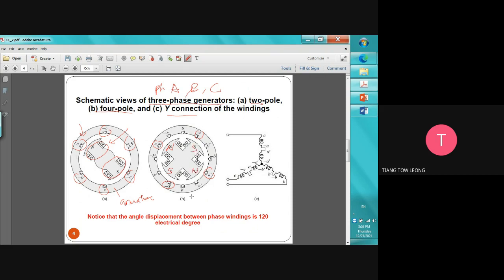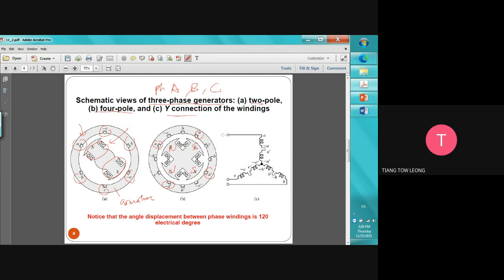We cannot simply put north, north, south, south. No, this is wrong.